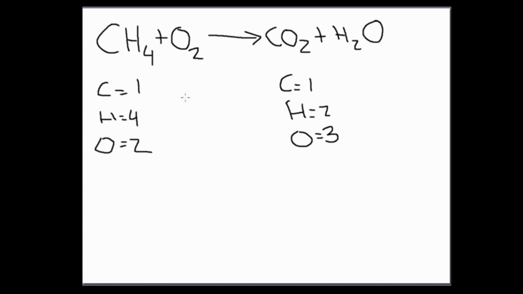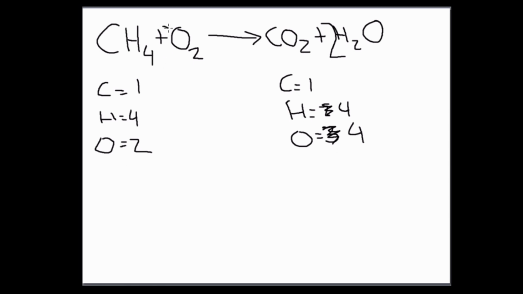So the first thing that I would do is see that you need hydrogens on the product side. So if you add a 2 to that water right there, then you'll now have 4 hydrogens, and you'll now have 4 oxygens. So now you can see that you're missing oxygens on the reactant side.